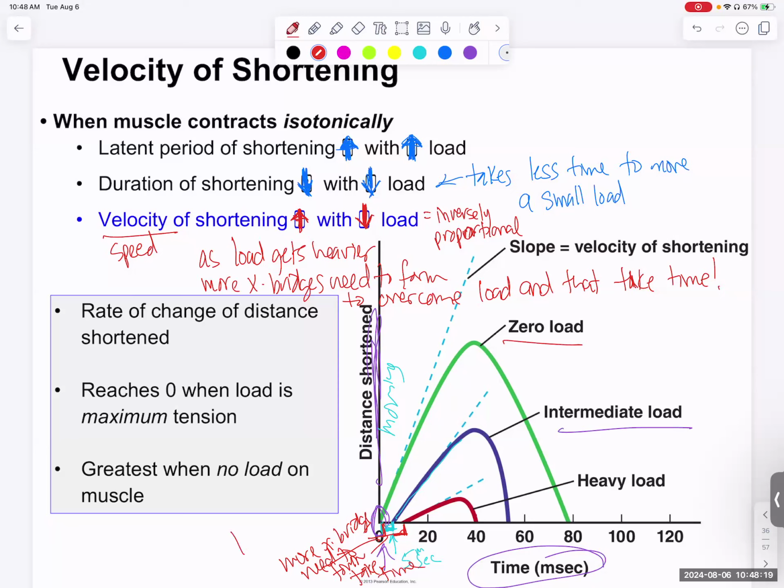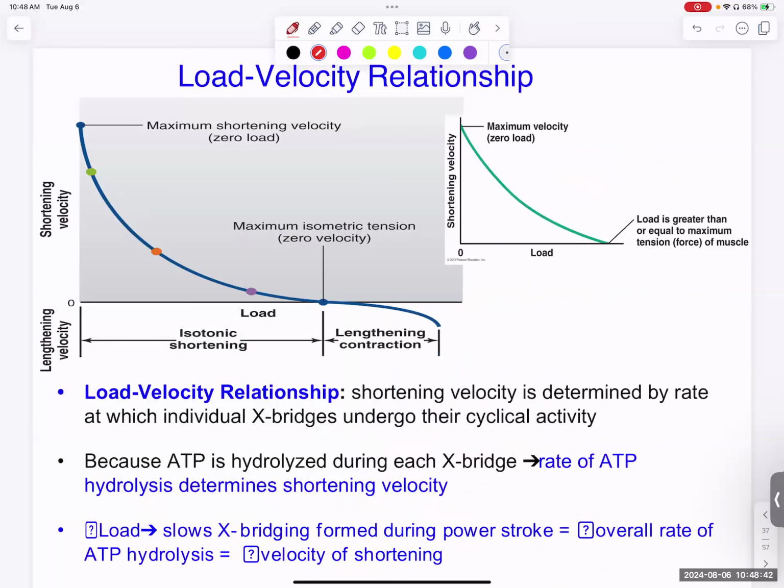So the latent period increases with increased loads, which equal increased time, right? Which means the speed's slower. So this inverse relationship, this is really what the load velocity relationships look like.